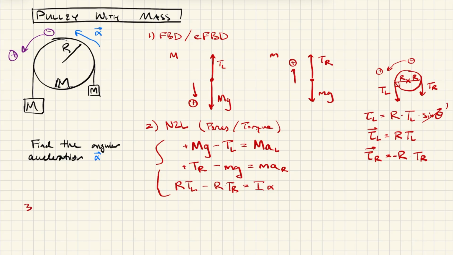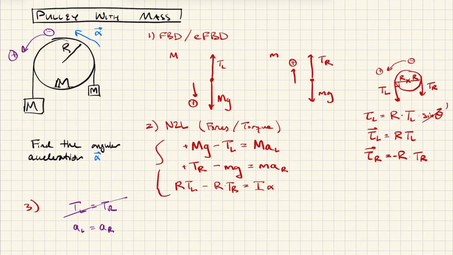Okay, so let's move on to thinking about our constraints here, okay? I'm going to write these in purple because these are basically the pieces of advice I have for doing pulleys that have mass, okay? But the constraints that we can write down are a little bit different than the massless pulley, right? Before, we said something like TL equals TR, but because our pulley has mass, this is no longer the case, right? The other constraint that we had for the pulleys was that the acceleration on the left-hand side is the same as the acceleration on the right-hand side.